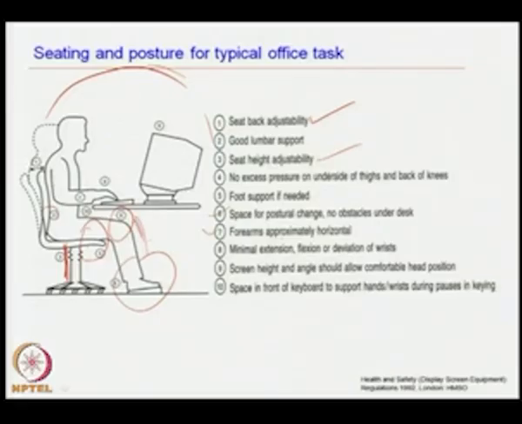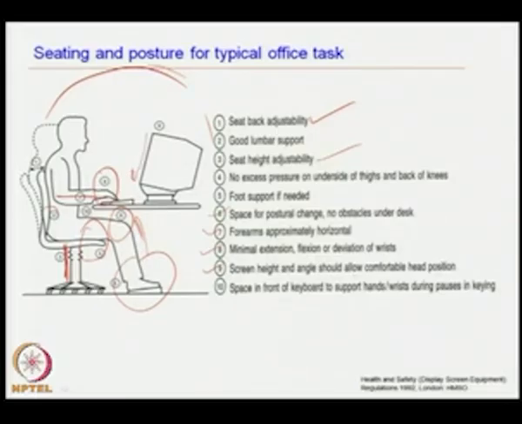and then forearm approximately horizontal, forearm has to be approximately horizontal to the floor and the work surface. Then minimal extension, flexion and deviation of the wrist, this facility to be provided. Number 9, the screen height and angle should allow a comfortable head position.